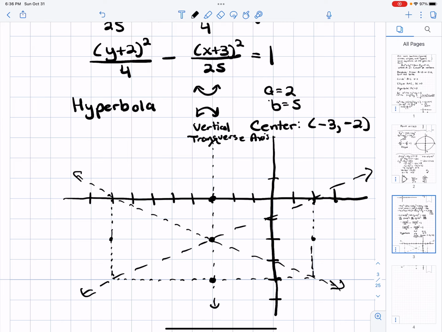But now I can draw my lovely curves. These are pretty spread out. And there you have it. So there's my hyperbola. That looks lovely.